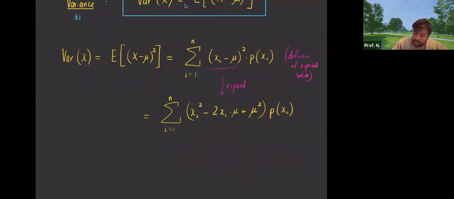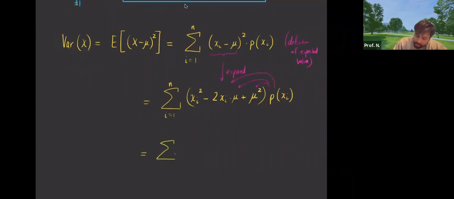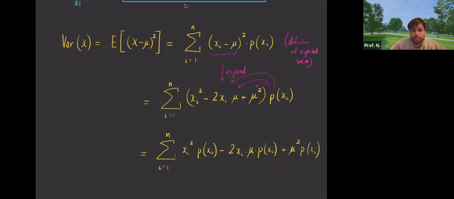And now when I expand this, I can also distribute. When I distribute, I get x sub i squared times the probability of x sub i, minus 2 x sub i times mu times P of x sub i, plus mu squared P of x sub i. So all I did was distribute.